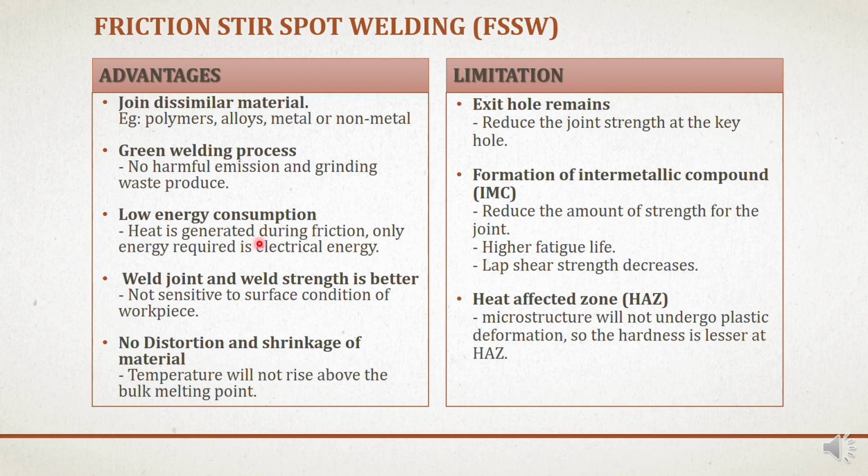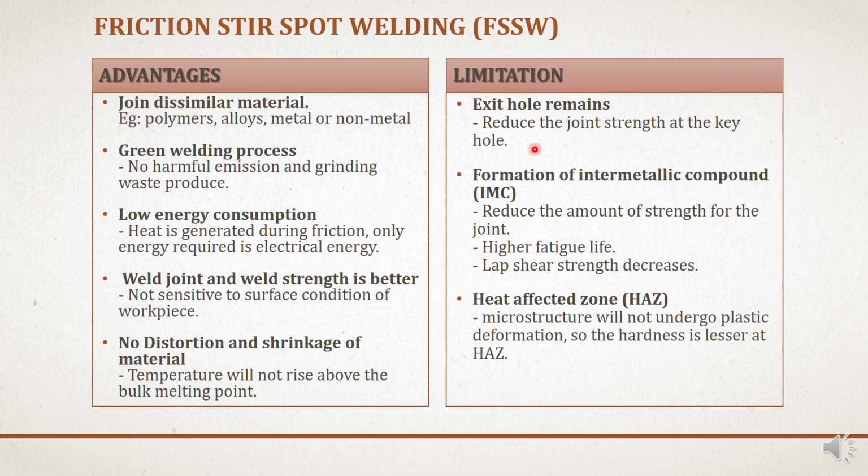Heat is generated during friction and plastic deformation, so the only energy required is electrical energy. The fourth one is weld strength. The joint and weld strength is better because it is not sensitive to the surface condition of the workpiece, and there is no distortion and shrinkage of the material. Temperature will not rise above the bulk melting point, so there is no distortion and no shrinkage.